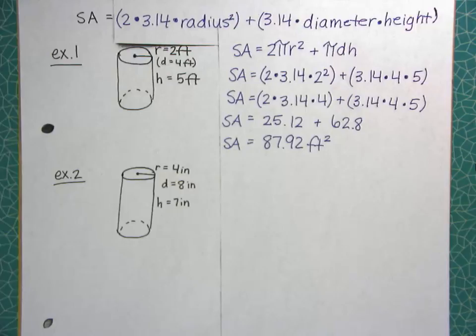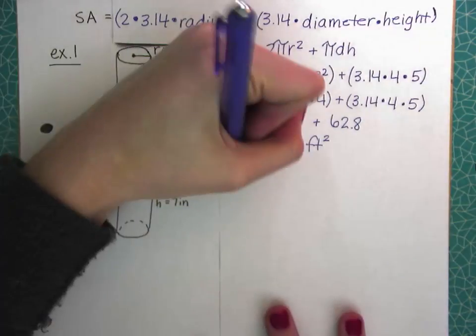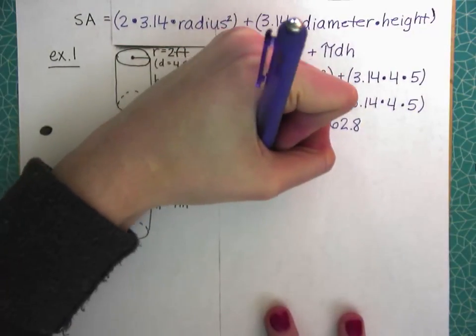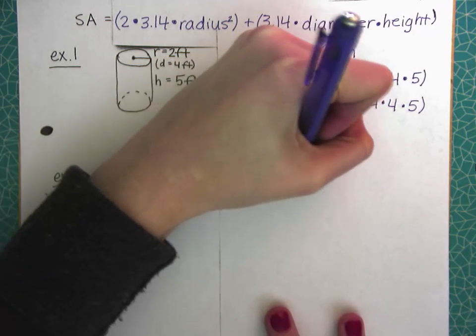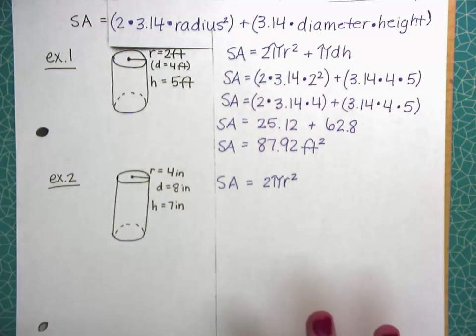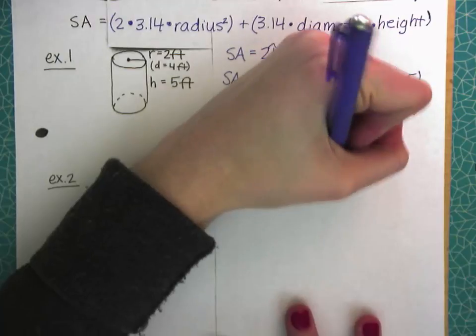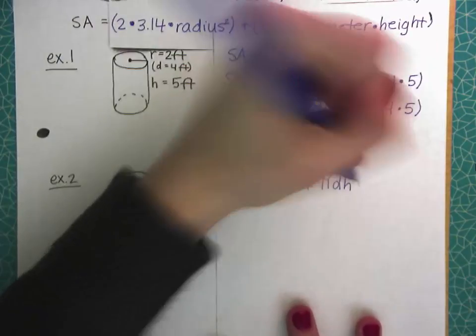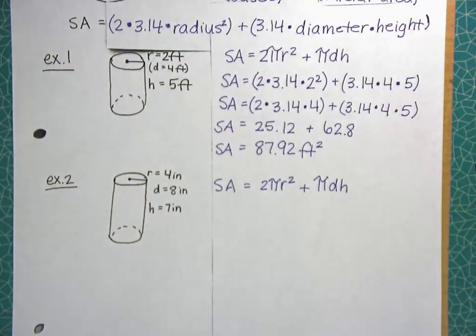Good. Very good. 2 pi r squared plus pi times diameter times height. Okay?